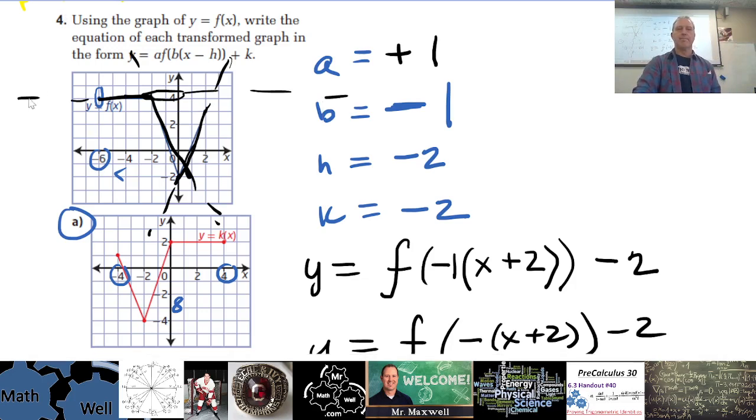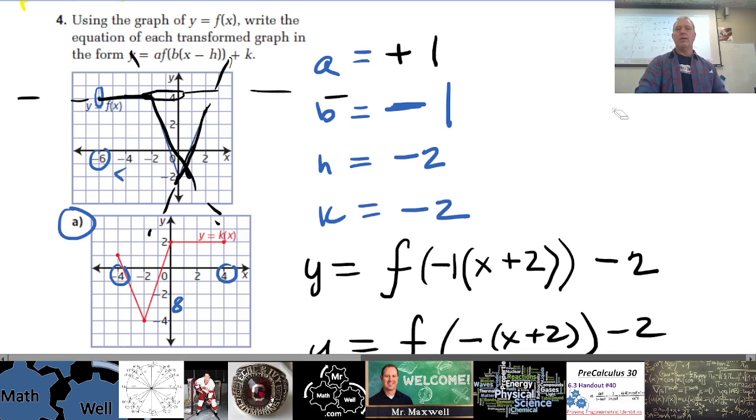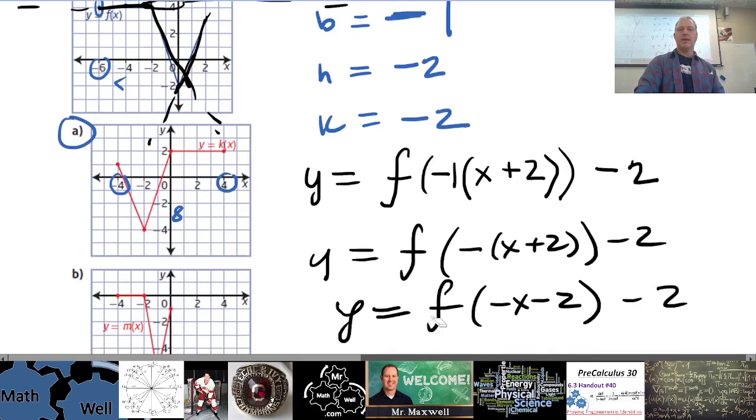Okay, good question. What's the point of f in the equations that we're writing? Well, what this is saying is that we don't know exactly what f of x is, but this is the transformed version of whatever f of x is. So it's not being specific to this exact graph. It's just saying whatever the original f of x is, this is all the stuff that we've done to it.